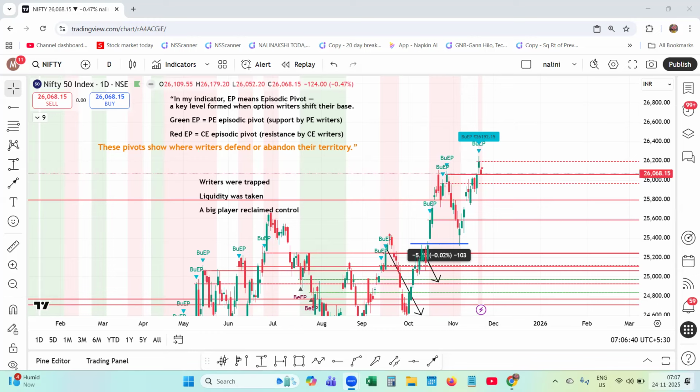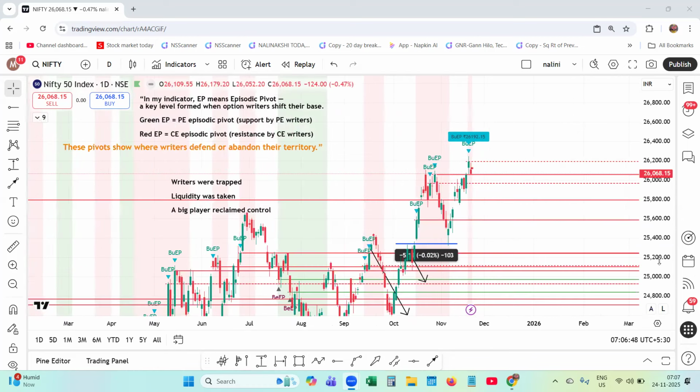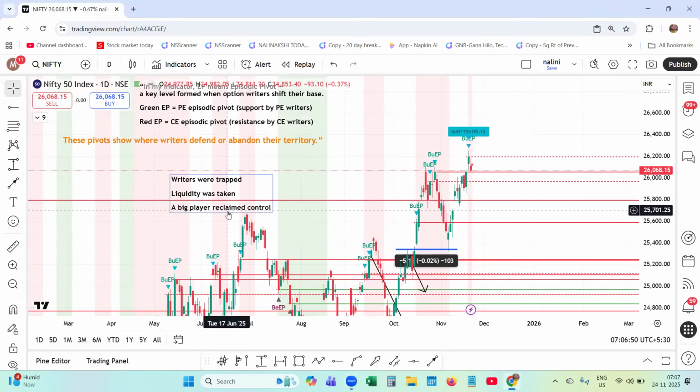So now we shall understand this in the Nifty chart. I have come to the Nifty chart just to explain. I am on the daily chart. Here, the new bull episodic pivot is formed, and you can see bullish episodic pivots have been formed continuously.